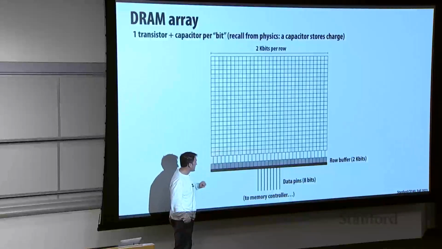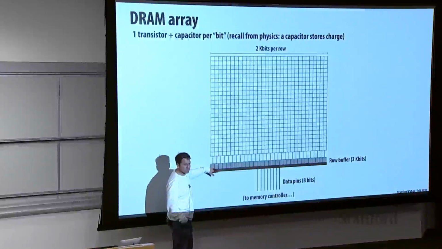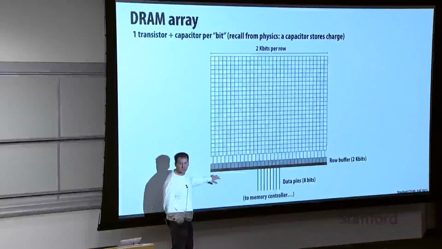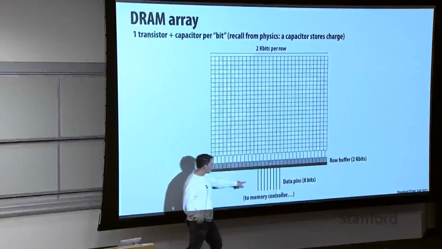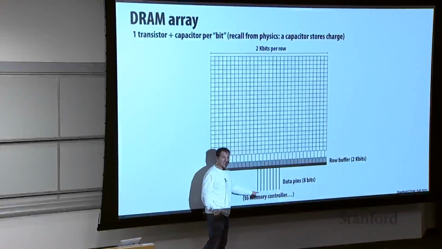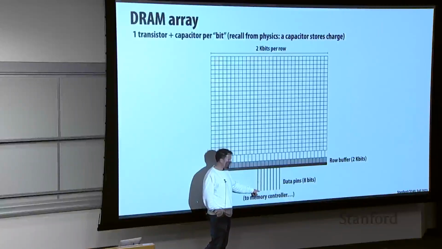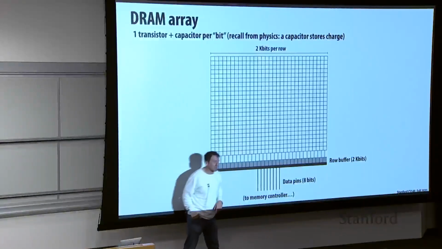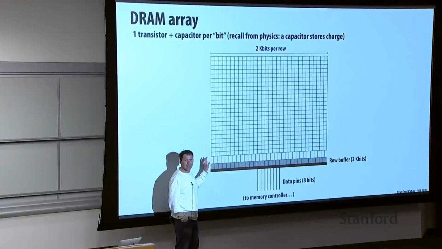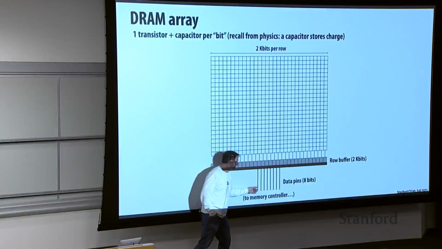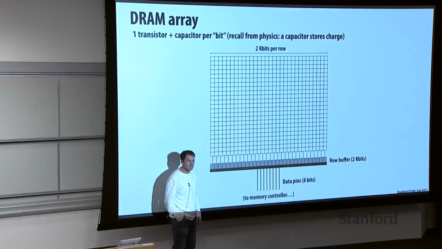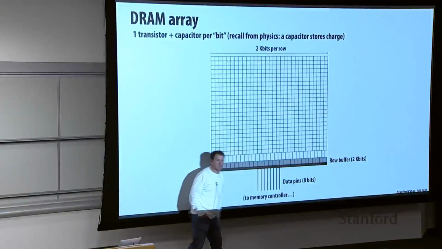Now down here at the bottom of the chip, there's 2 important structural pieces. First of all, you have your wires, your data pins, that actually connect this chip to the rest of the computer. So there's 8 data pins here, which means this DRAM chip at any one clock can only send 8 bits of information. There's a 1 or a 0 on each of these wires.